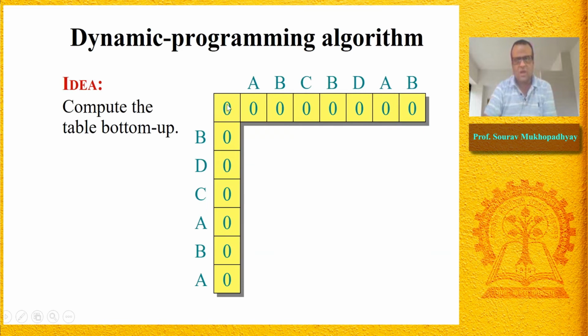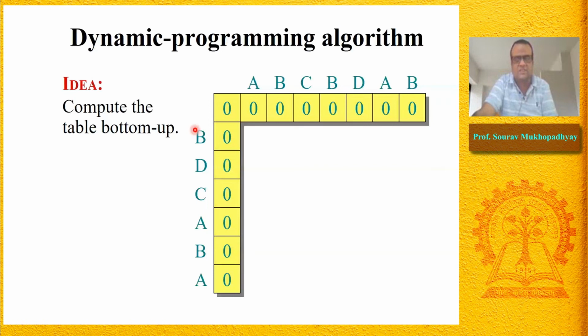This table is for the Cij's. So y has not started here. This is C00. C00 means no x sequence has started and no y sequence has started, so obviously C00 will be 0.